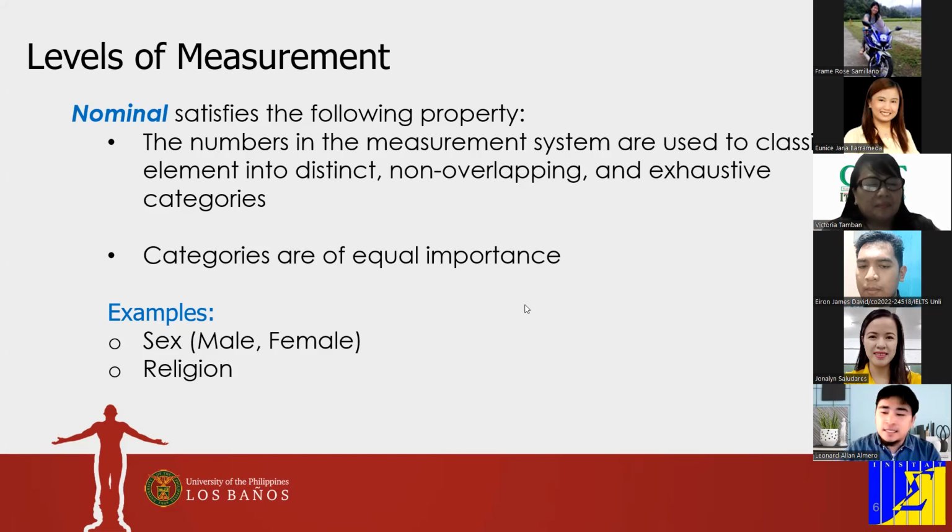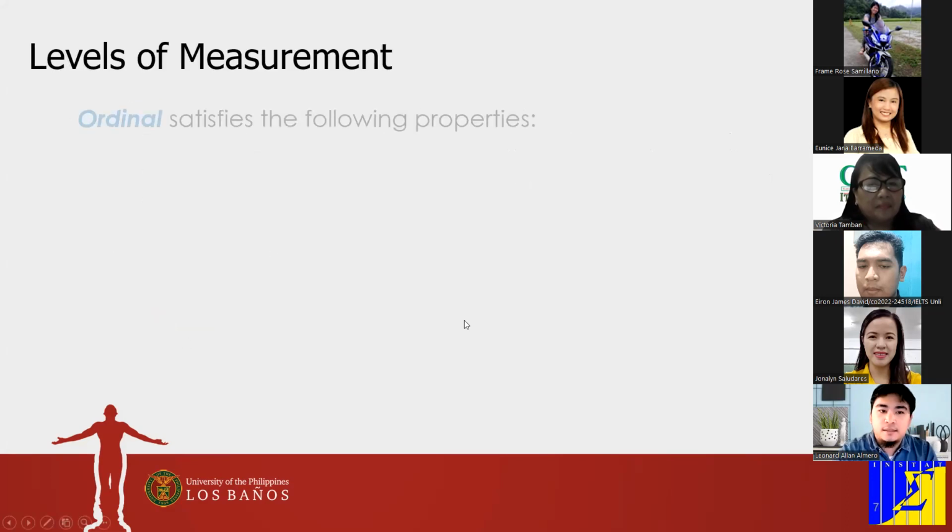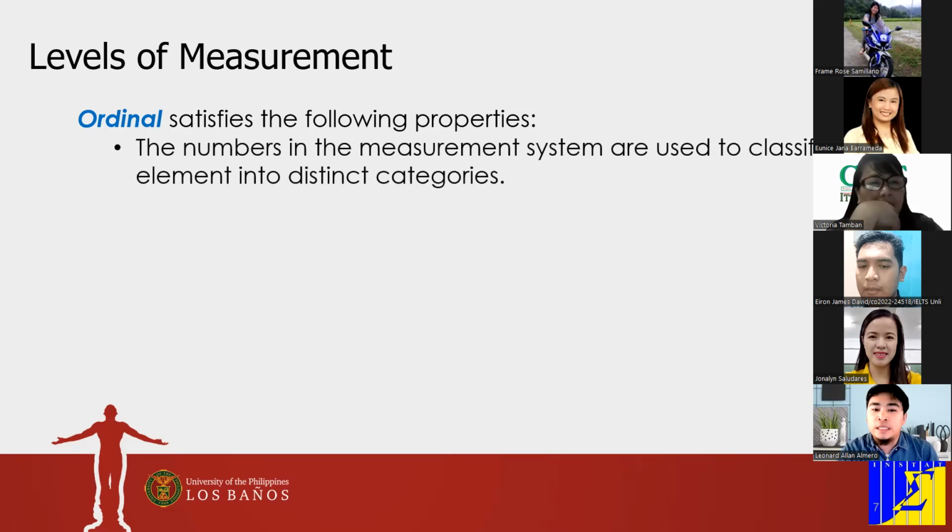And of course, since this is levels of measurement, so may mas mataas sa nominal, and that is ordinal. Okay? So ang root word naman nito ay order. So meaning you can now put an order to your categories. And since this is higher than nominal, ina-absorb niya the characteristics of the nominal.